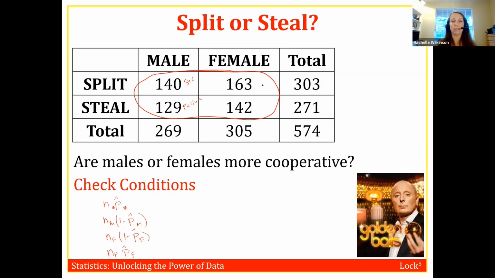And for the females, the 163 is the successes for the females, and the 142 is my failures. So I really don't even have to do the calculations if they give me a two-way table. I can just say, hey, 140 is greater than or equal to 10, 129 is greater than or equal to 10, 163, 142. These numbers are all greater than or equal to 10.